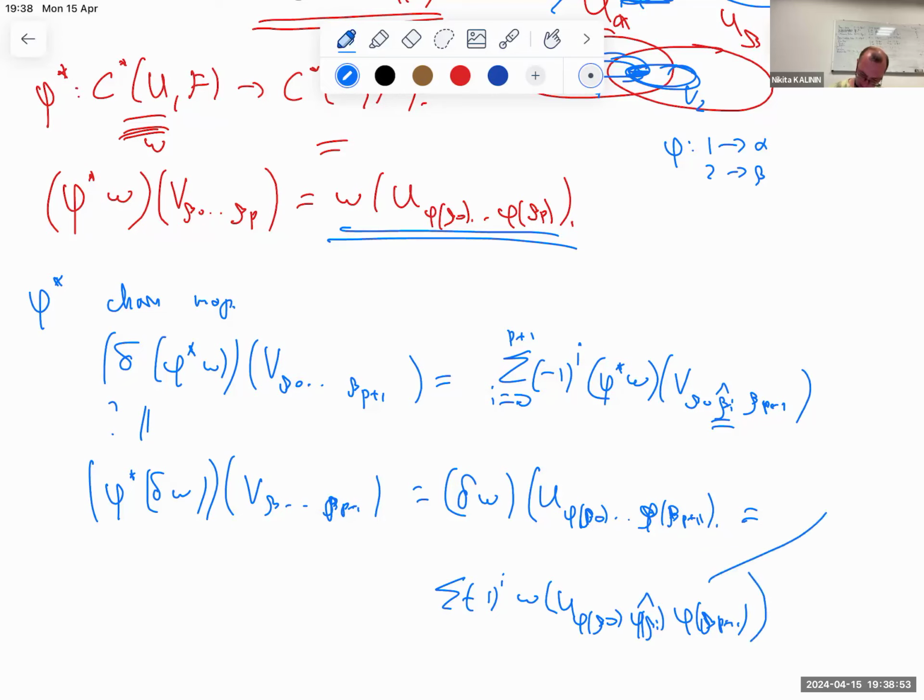And the same we see here, right? Because when we apply phi star, we just add phi to all the indices. So it's just the same. Okay, so it means that if we have a refinement, then we have a chain map.